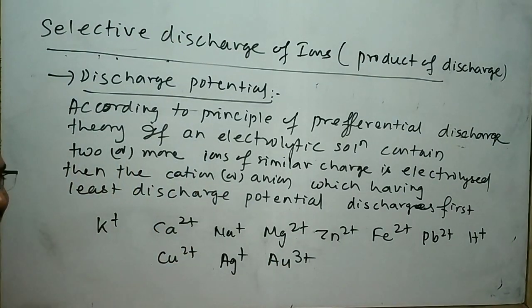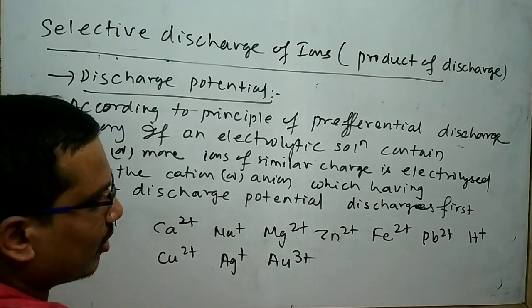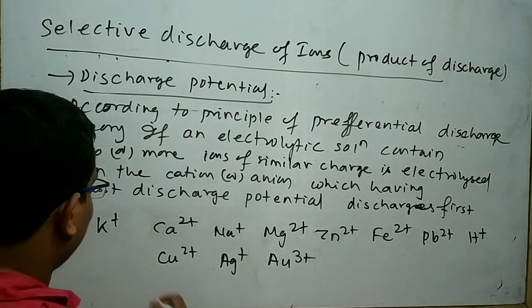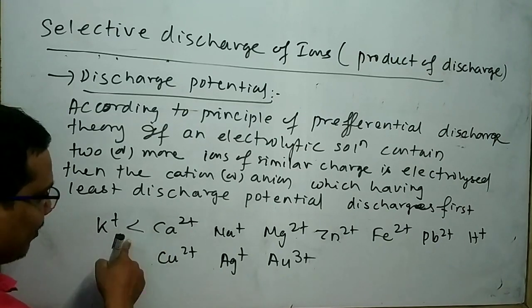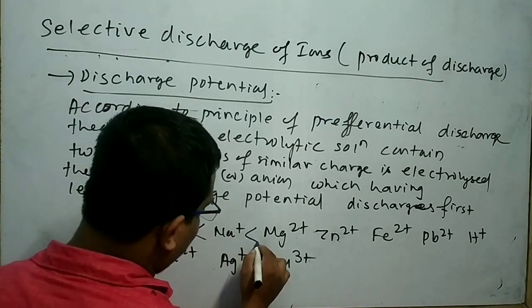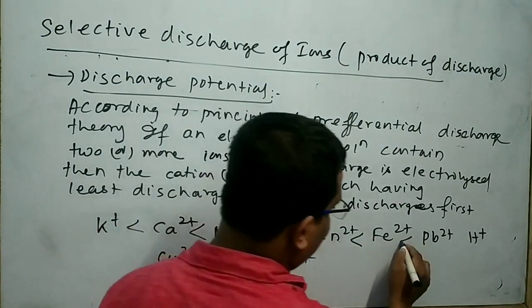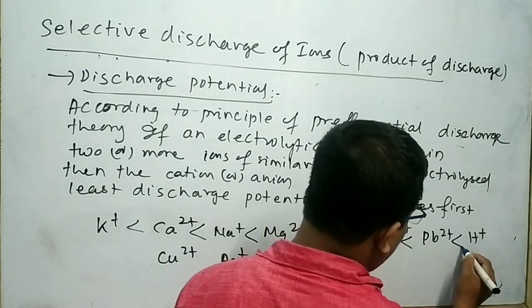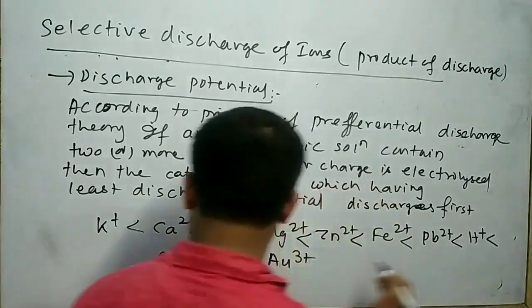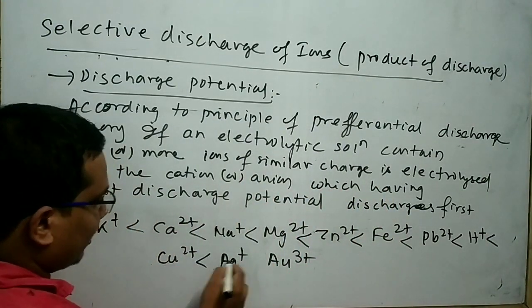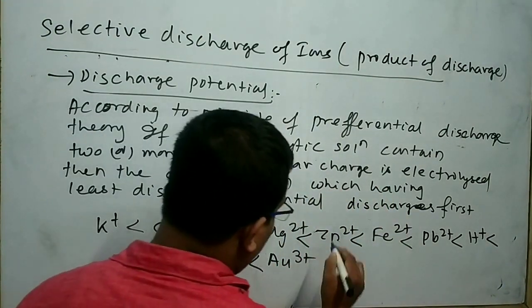If I want to arrange the cations according to the increasing order of their discharge, then I can write K+ smaller than Ca2+, smaller than Na+, smaller than Mg2+, smaller than Zn2+, smaller than Fe2+, smaller than Pb2+, smaller than H+, smaller than Cu2+, smaller than Ag+, smaller than Au3+.